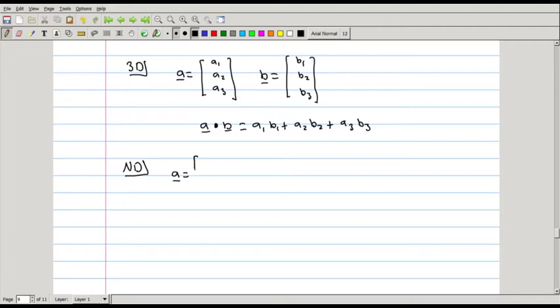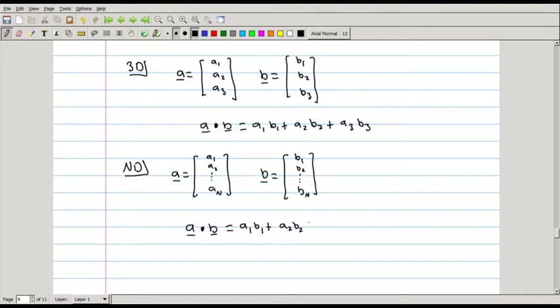If, for example, your vector A is A1, A2, all the way to AN, and your vector B is B1, B2, all the way to Bn, then A dot B is again just going to be the component-wise multiplication of all of the components added together, all the way up to AN, Bn.